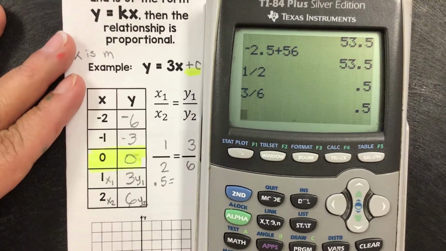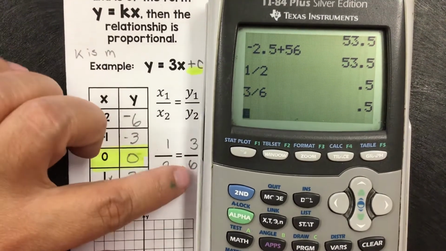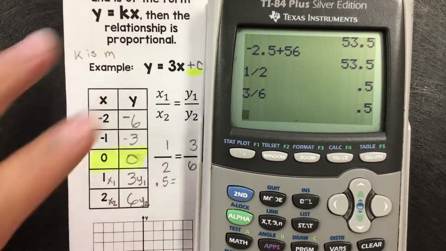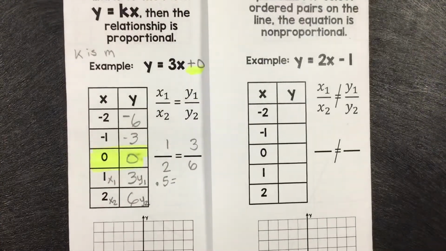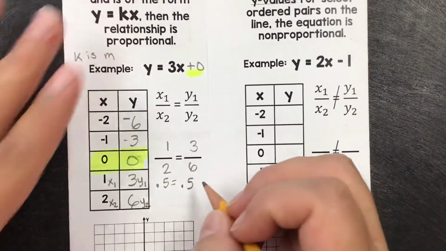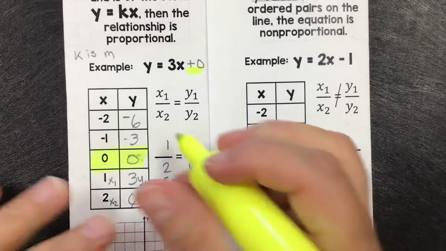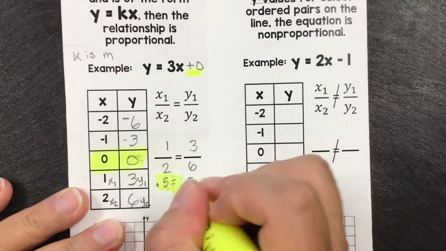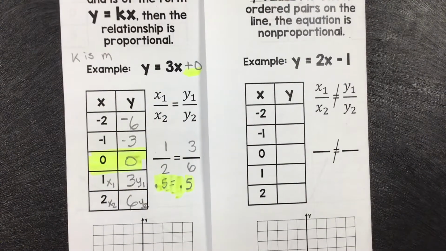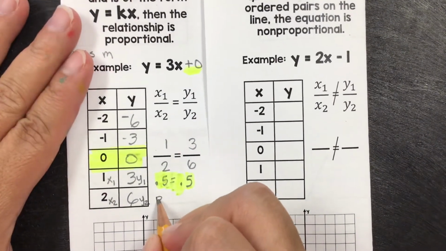So most of you will know that the 3/6 is the same thing as 1/2. But in case you don't know, you can always put it in your calculator. Gets 0.5, and this is what makes it proportional. It is proportional.